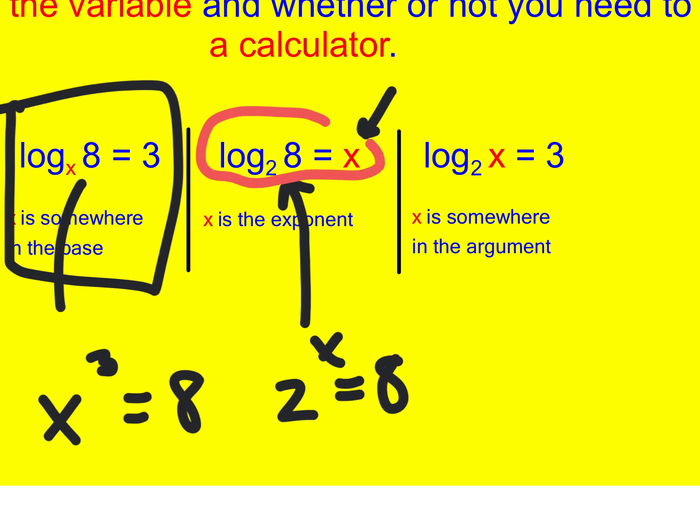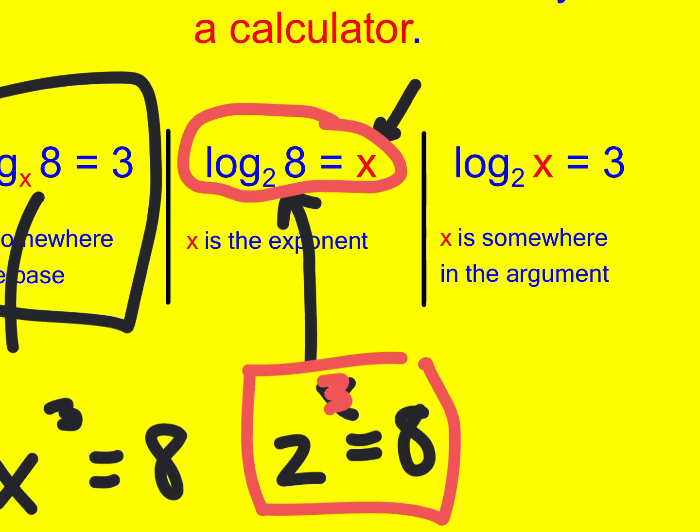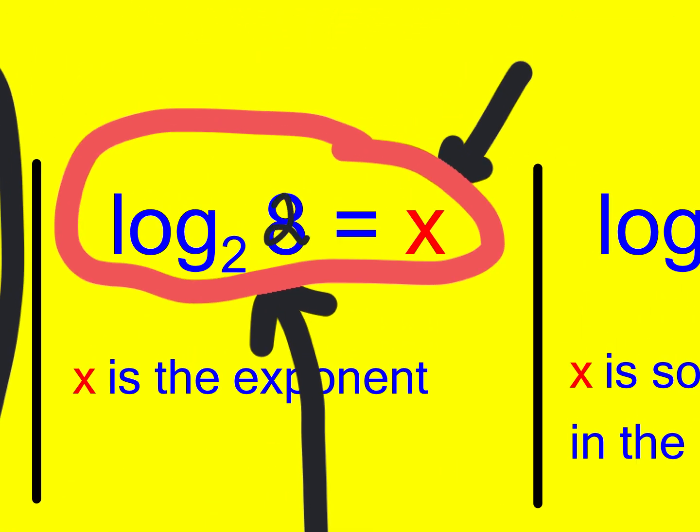This one was better because the x was alone. You know, it isn't always better to rewrite them. Sometimes they get worse. Now, maybe you like to solve them that way. 2 to the what is 8? Oh, yeah, it's just 3. But you could have solved this one in its original form if you knew that 8 was like 2 to the third, and then you could have known the answer was 3 also.